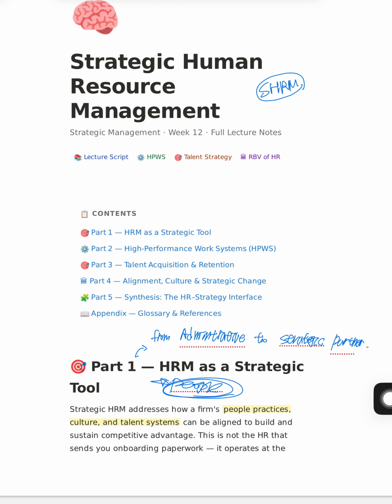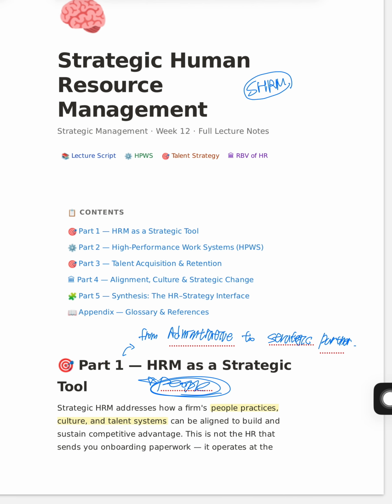And the academic evidence accumulated over three decades of empirical research is unambiguous. Firms that invest strategically in their human capital systems outperform those that treat HR as a compliance function.